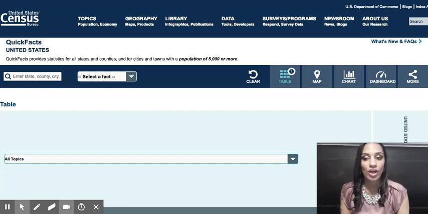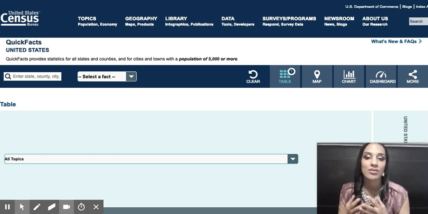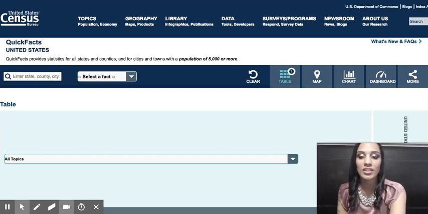Yes. So all you need to do is put in your state if you want a statewide view. You can put in your county if you want a countywide view, or you can put in your city if you just want a citywide view. You can even do down to the zip code, okay? So I'm going to put a zip code of my hometown, Fort Wayne, Indiana. So, click in here, 46806.